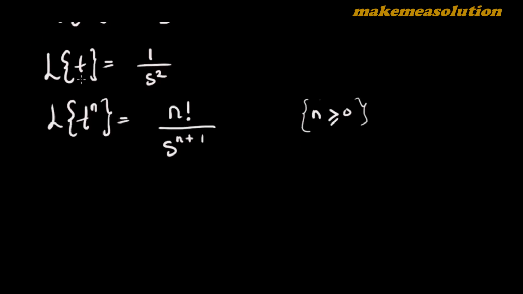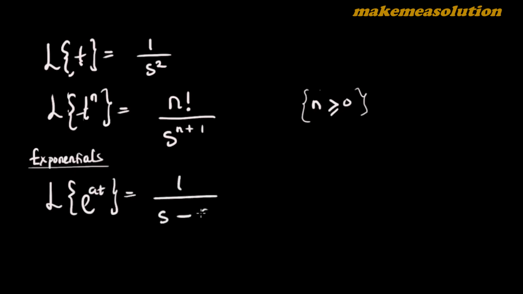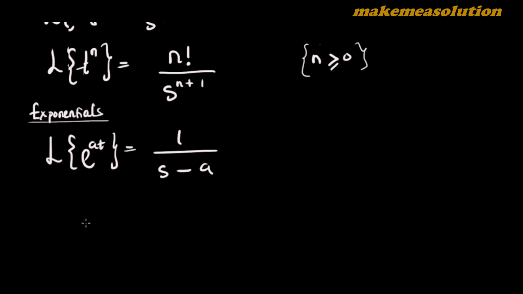So let's go to exponentials now. For exponentials, the Laplace transform of exponential at is going to be 1 over s minus a. The Laplace transform of exponential negative at is going to be 1 over s plus a.